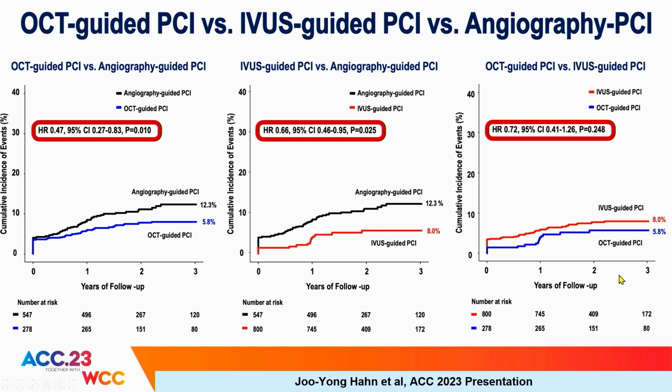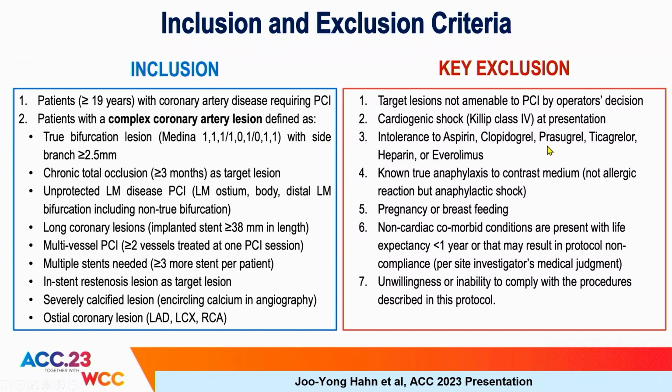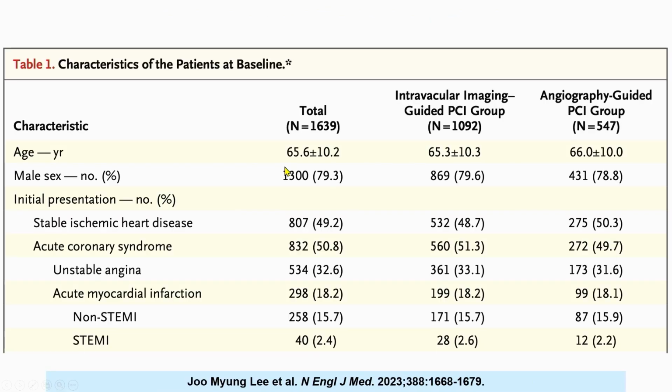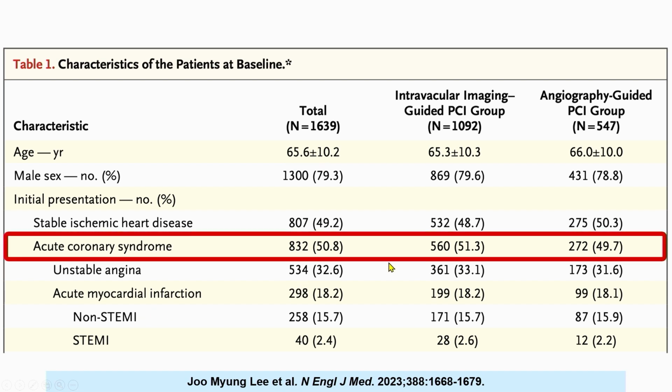So we can see OCT actually had less MACE than IVUS at 3 years follow-up, but that's only a trend, not significant. I think the patients included have complex coronary artery lesions. They collected more than 1,600 patients, about 50% with acute coronary syndrome.